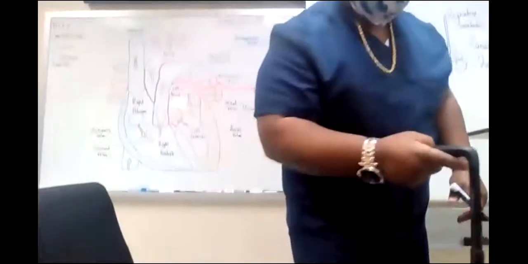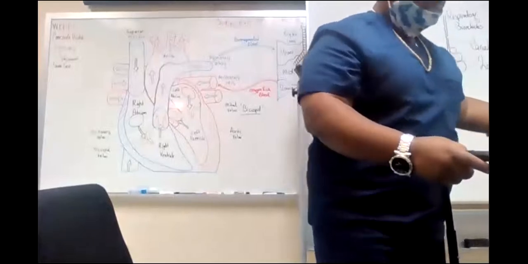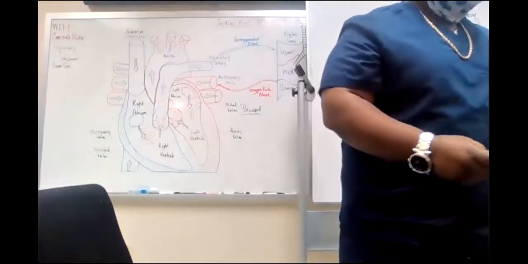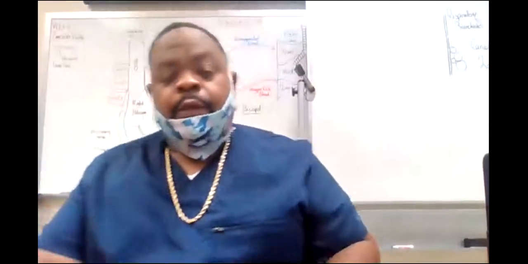Okay, that's different than another canal that we're going to talk about. But this canal is called the Canal of Lambert. And the Canals of Lambert is a point in which the bronchiole communicates with the alveoli.